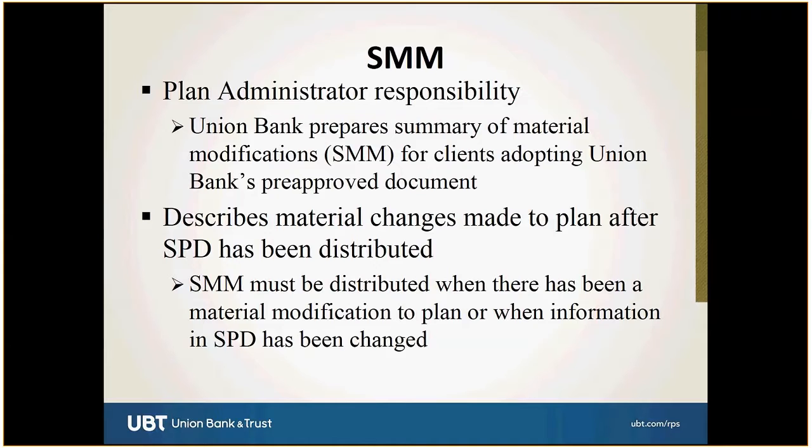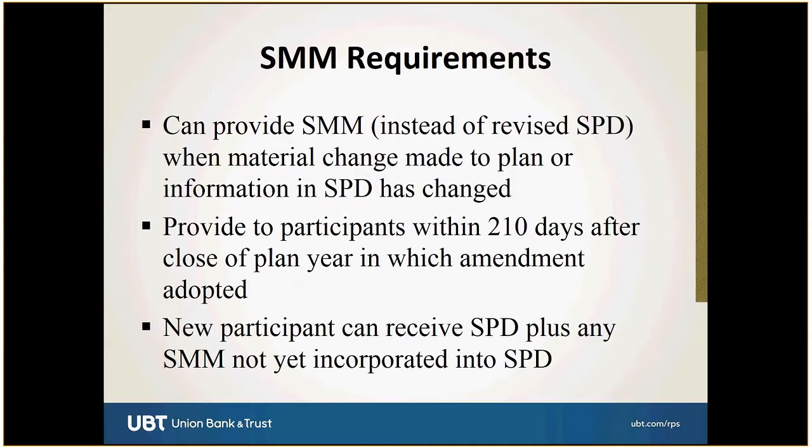So what is really happening is that the SPD for a new participant will include the most current SPD and any summary of material modifications that supplement that SPD. You need to provide that SMM within 210 days, basically the end of July for a calendar year plan, after the close of the plan year in which the amendment was adopted.